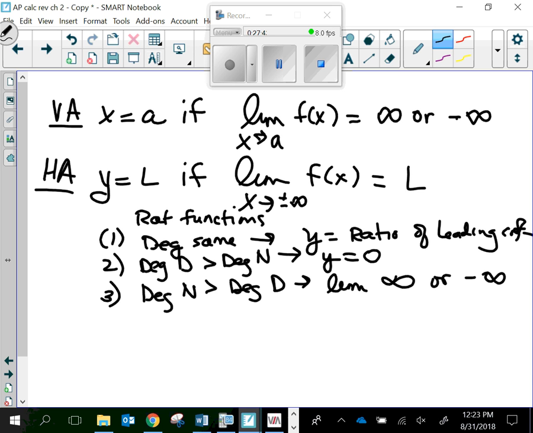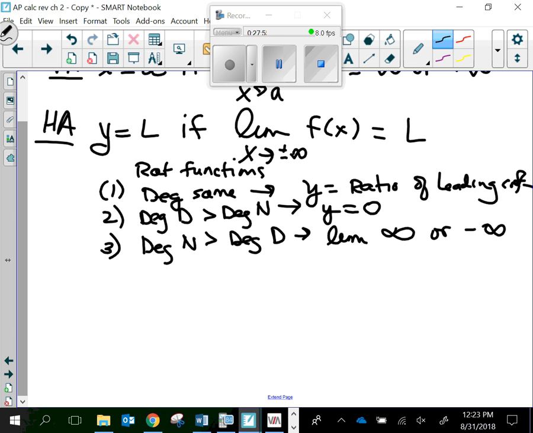Well, depending on what you're answering, it just depends on what you're asking. If you're not asking for a horizontal asymptote, you're done there. You don't have a horizontal asymptote, but you might be using the horizontal asymptote to get me a limit. Yes. Okay.